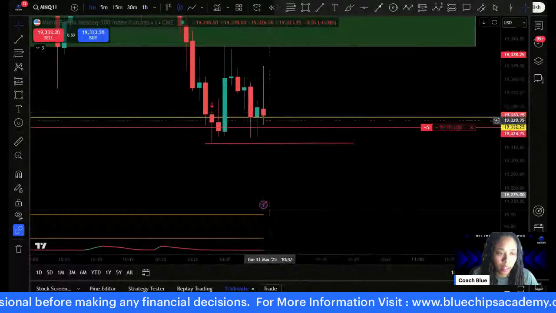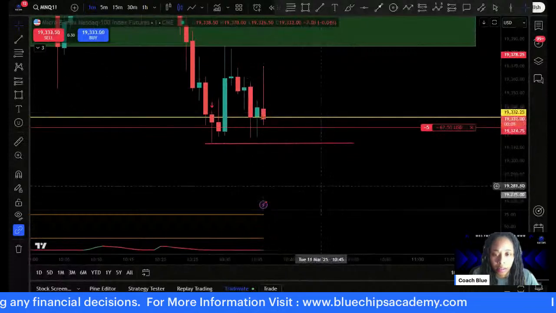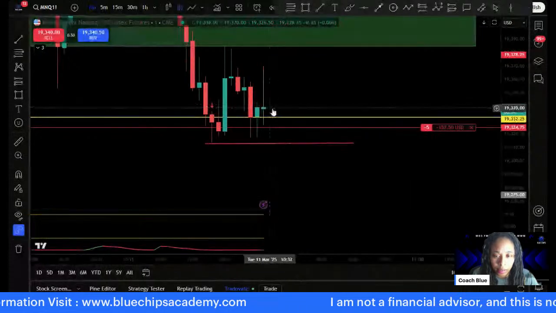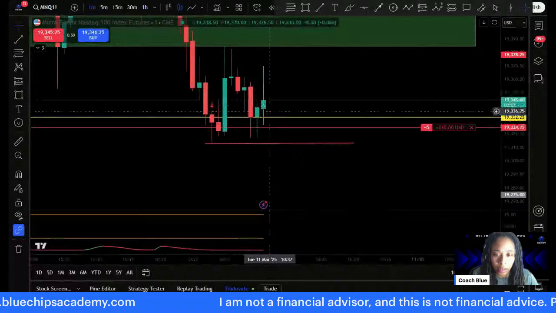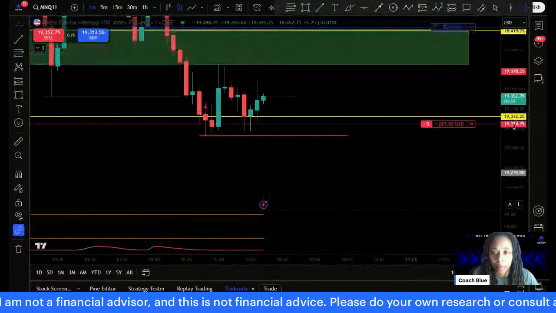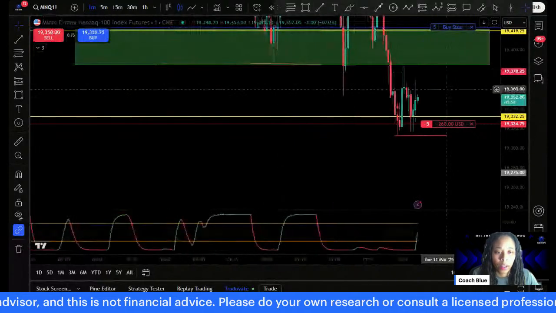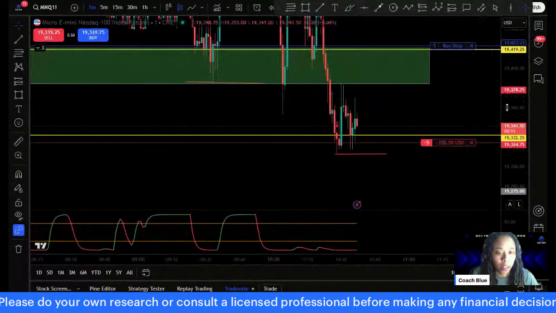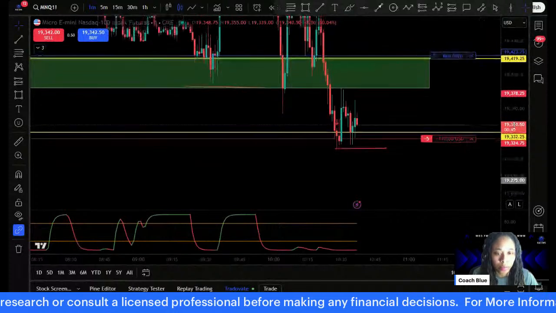But let's see how the body closes. Can we get a pretty solid body here? That's in between. All right, let's see what this next one does. I do see a potential W here, but we also could be getting a potential M, so we'll see.